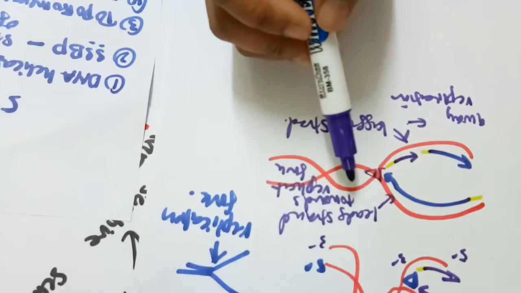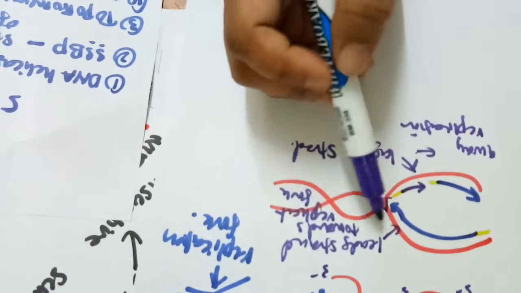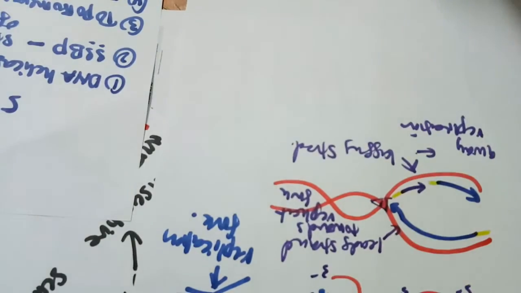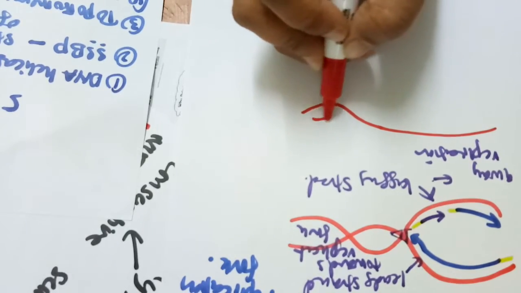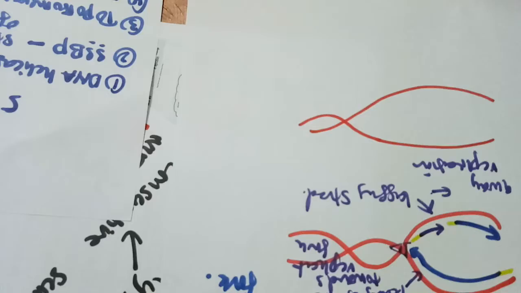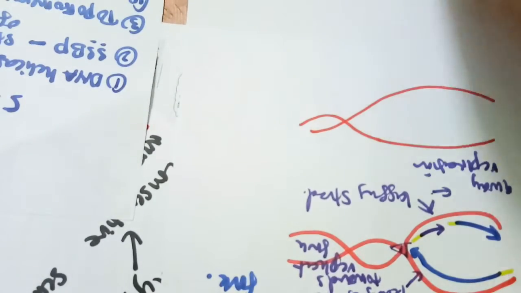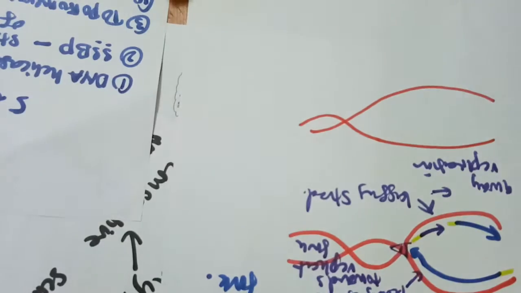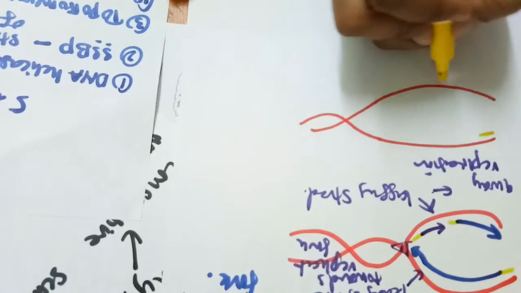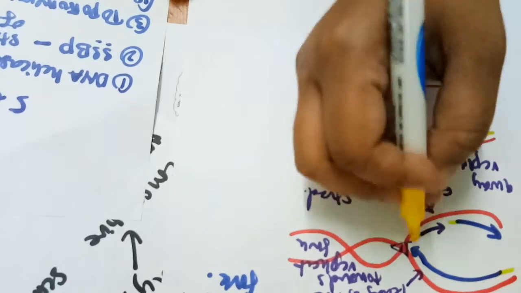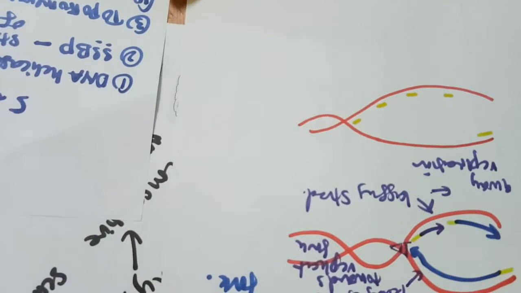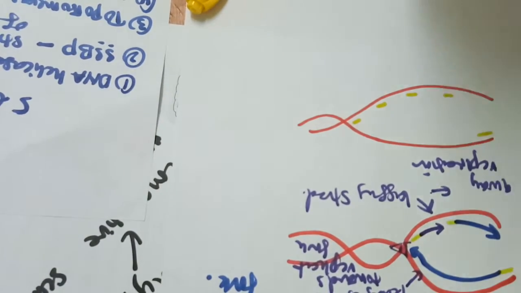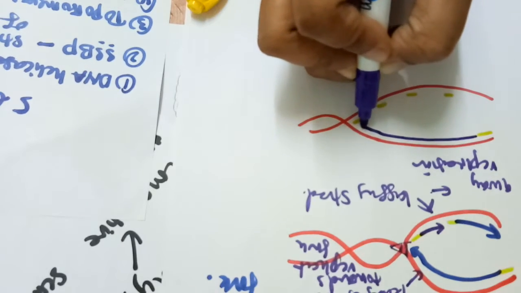replication fork until the end. While for the lagging strand, they will form a series of short fragments. For the leading strand there is only one RNA primer. For the lagging strand, they have 1, 2, for example 3, and then 4, towards the replication fork.